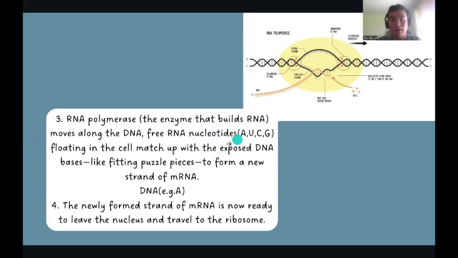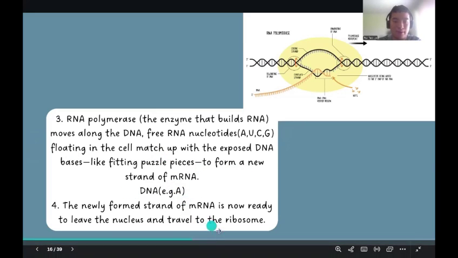Free RNA nucleotides, A, U, C, G, the materials for making RNA, float in the cell. They pick up the materials in the cell and build it, matching up with the exposed DNA bases, like fitting puzzle pieces to form a new strand of mRNA.